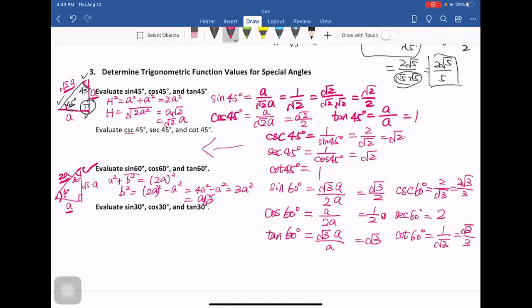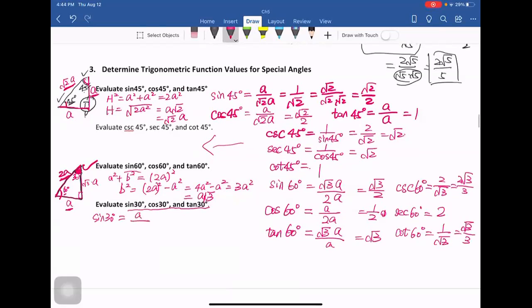Okay, evaluate sine 30 degrees, cosine 30 degrees, and tangent 30 degrees. Actually, we can still use this triangle because we know this is 30. So sine 30 degrees equals opposite of this angle, which is A over 2A, the hypotenuse, that's 1/2.